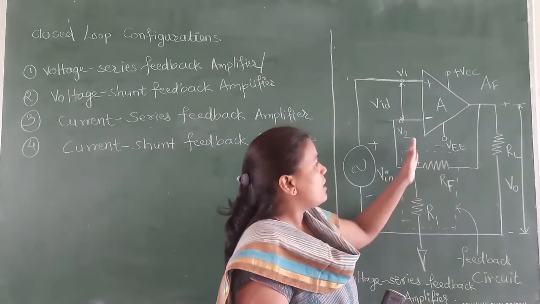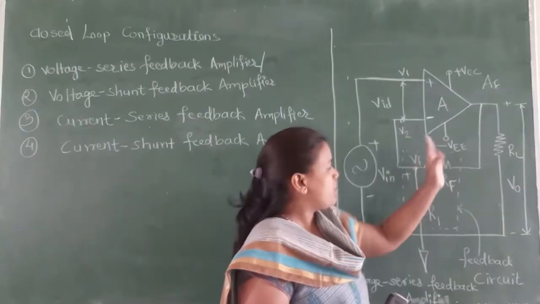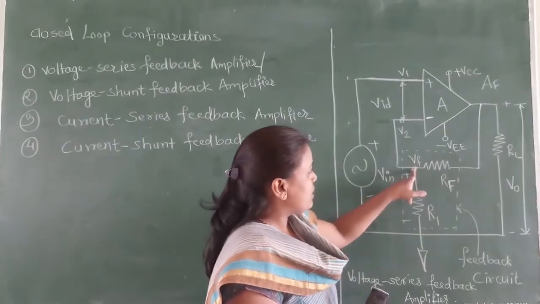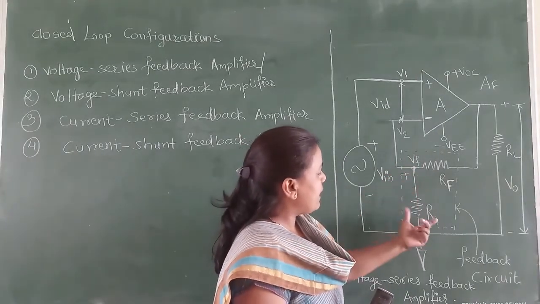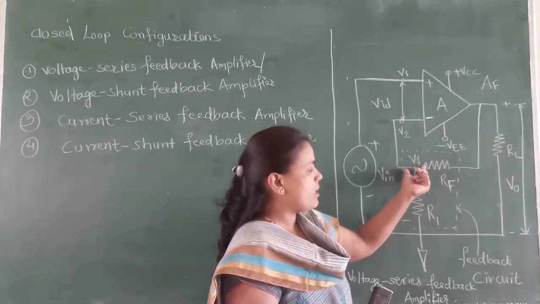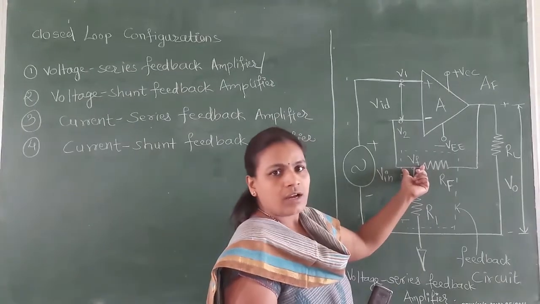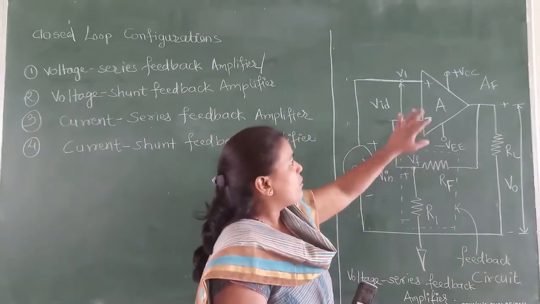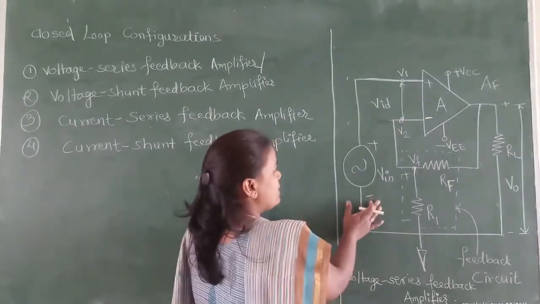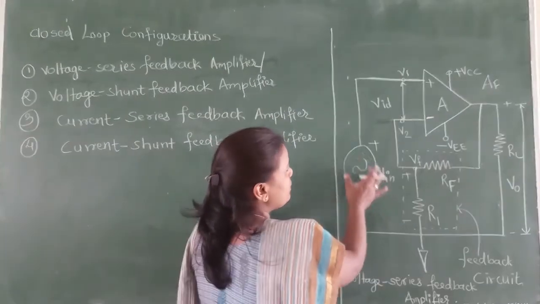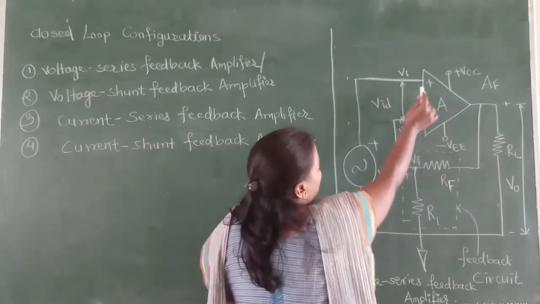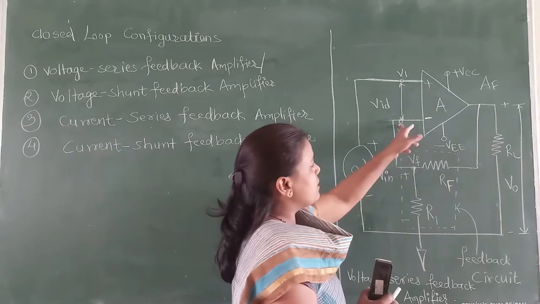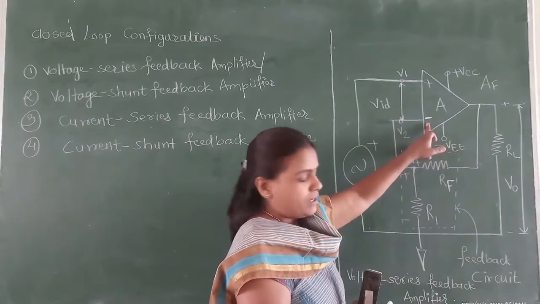For the op-amp we have provided plus VCC and minus VEE voltage, and because of the feedback some voltage is generated across the resistor R1, which is called the feedback voltage VF. So for this op-amp there are two input voltages. One is the externally applied input voltage Vin, given to the non-inverting input terminal, and the feedback voltage is given to the inverting input terminal.